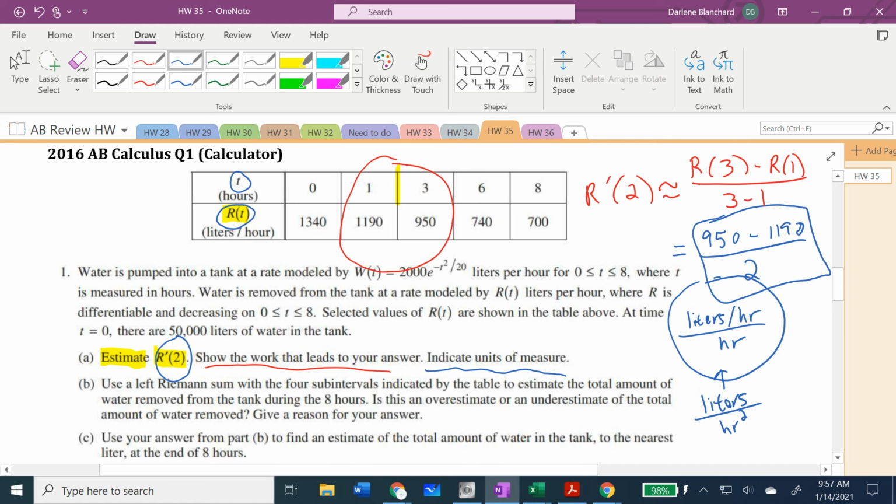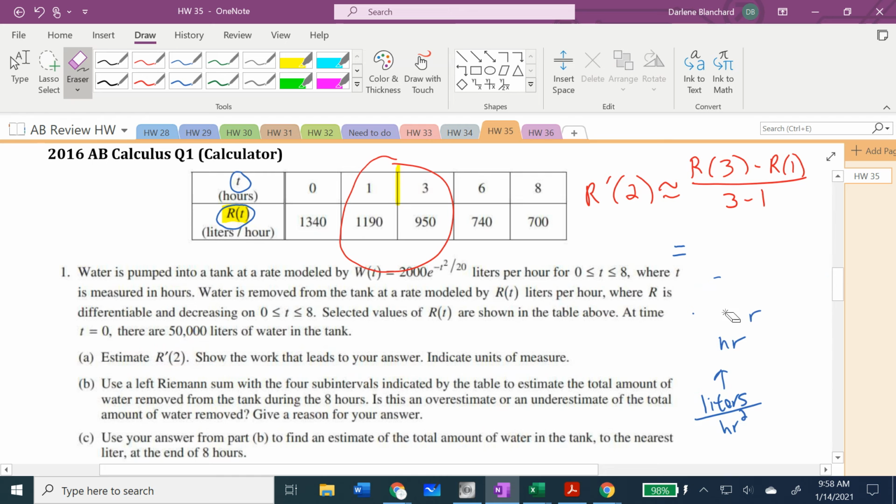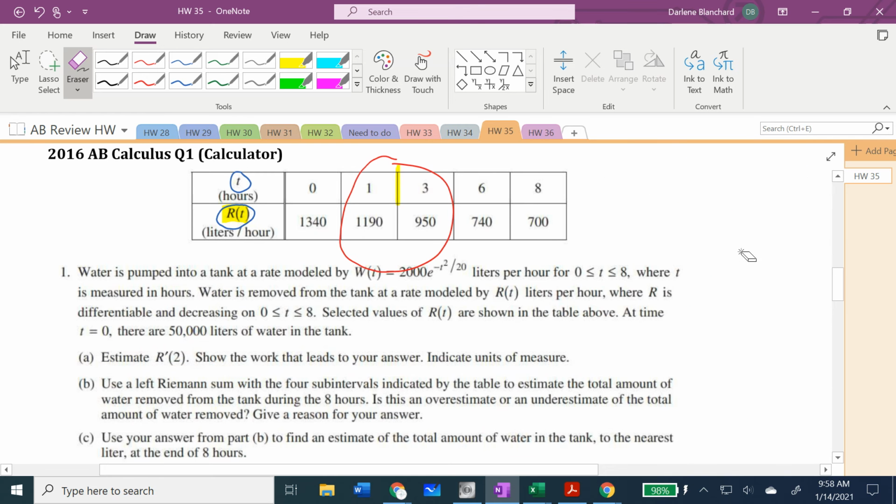All right. Part B. Often on a table of values, Part B is estimating a definite integral using either rectangles or trapezoids. This one is using rectangles, but my advice is before you start into the estimation, write down the integral that you are solving, because often they ask you for something that's bigger than just the integral itself.